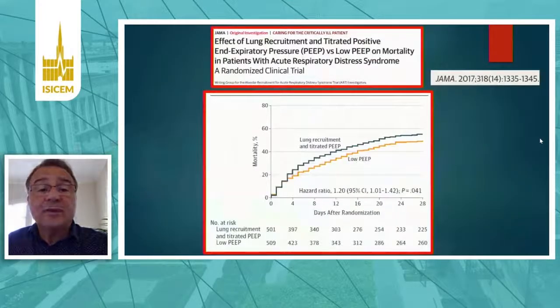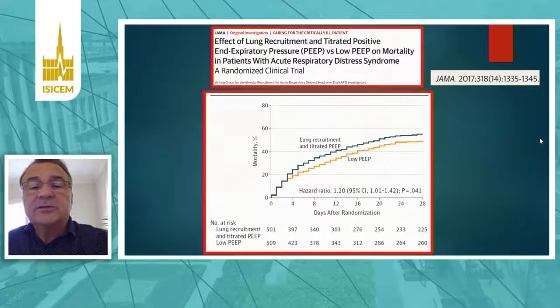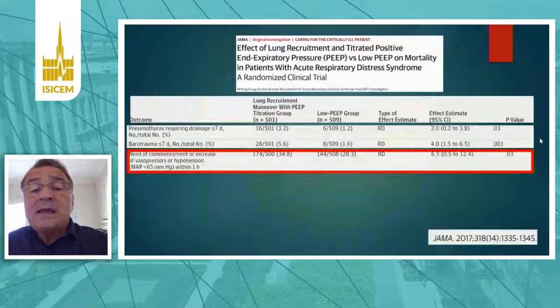But unfortunately, it was well demonstrated by Marcelo Amato in the ART study that if we apply a lung recruitment and if we titrate the PEEP very high, we may increase the mortality of patients with ARDS. And it is mainly due to an impairment of the hemodynamics. You see that the need for commencement or increase of vasopressor or hypertension is very high in the group with a lung recruitment maneuver with a high PEEP titration.